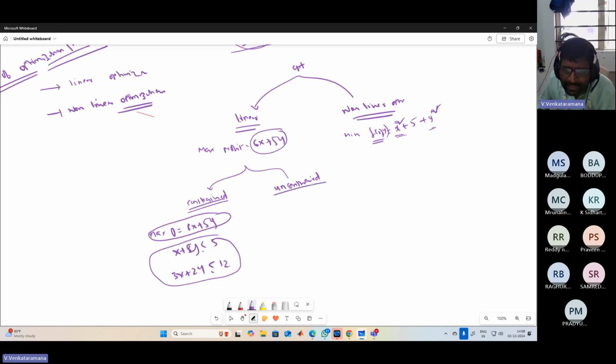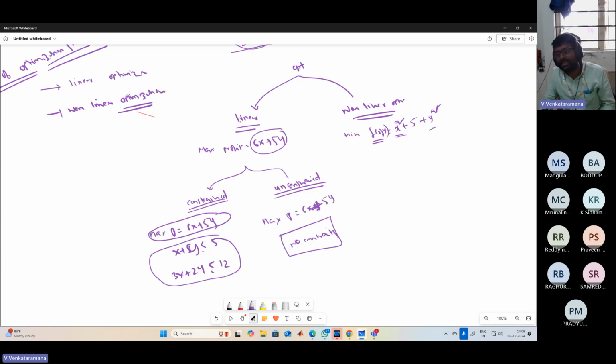Whereas in the unconstrained case, you don't have any equality or inequality constraints. That means you are trying to maximize P equal to 6x plus 5y with no constraints. So this is an example of an unconstrained linear optimization problem.